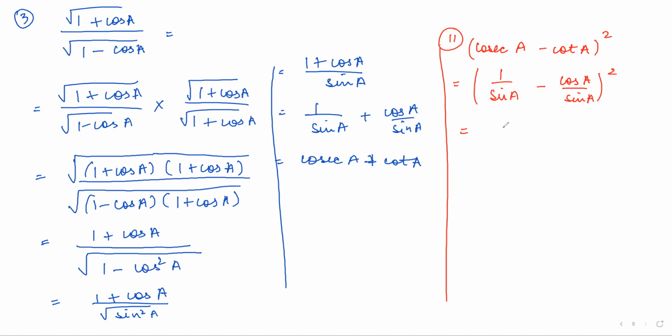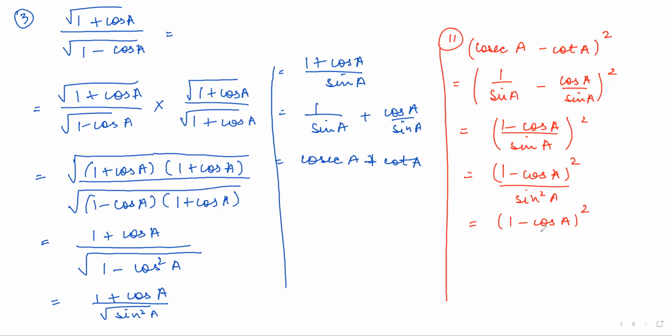Take LCM, so you have (1 minus cos A) divided by sine A, whole square. Clear? So you have (1 minus cos A) whole square divided by sine square A. So (1 minus cos A) whole square, and sine square A can be written as 1 minus cos square A, right?